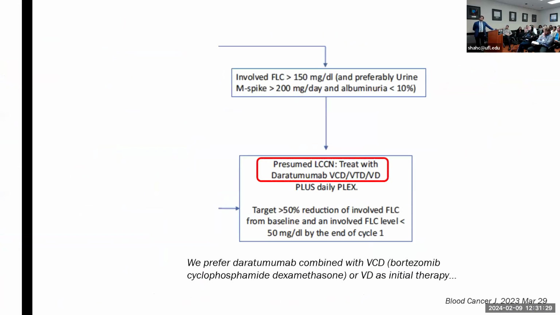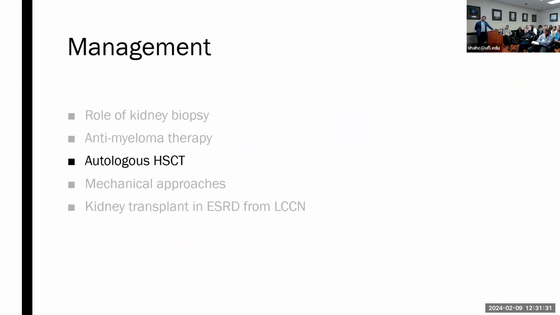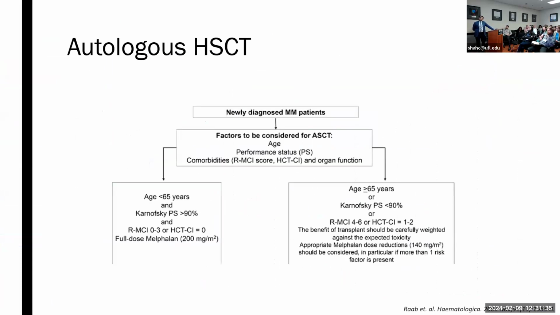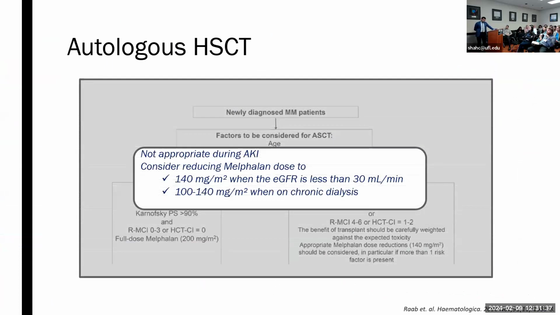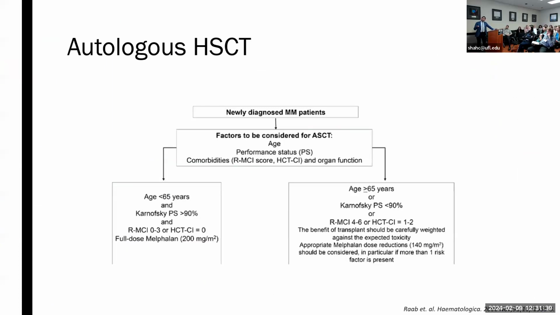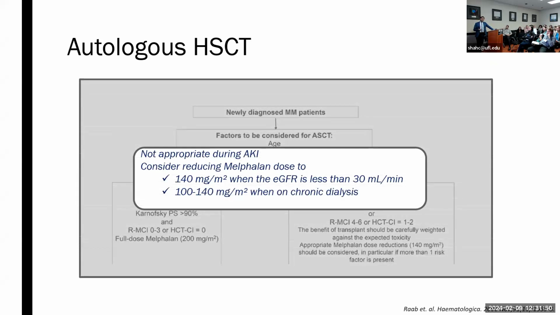All right, coming back to autologous stem cell transplantation, I'll go very briefly on it. What I would like to clarify here is that for patients considered for autologous stem cell transplantation, they will always consider the patient's functional status and comorbidities to see if they are a candidate for transplantation. From a nephrology standpoint, we should always remember that the melphalan dose needs to be adjusted.